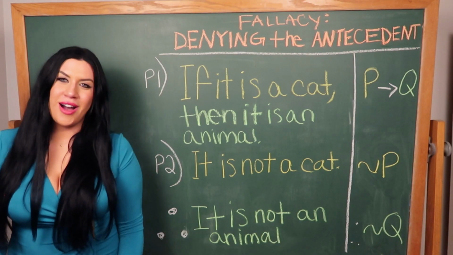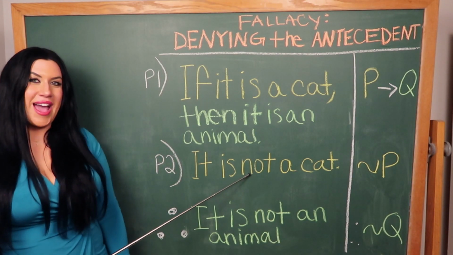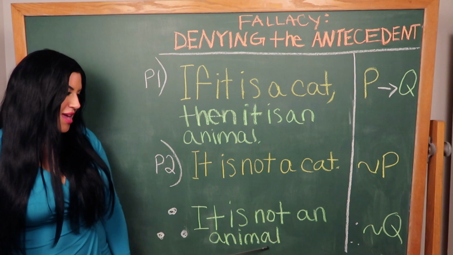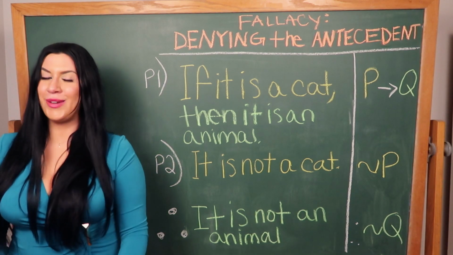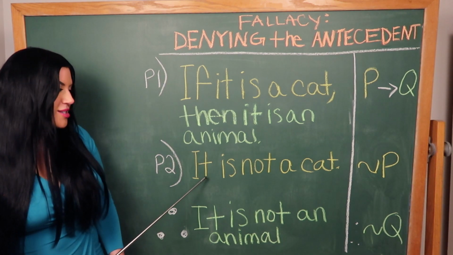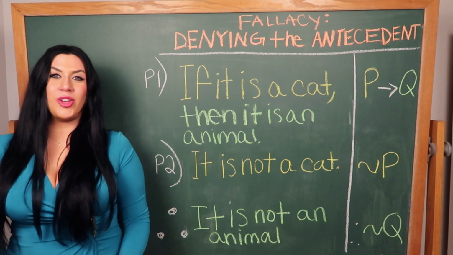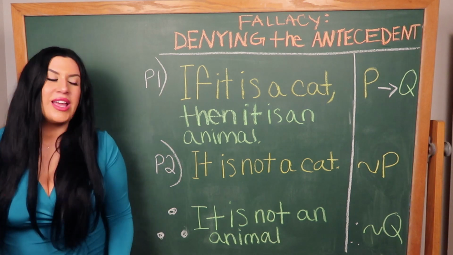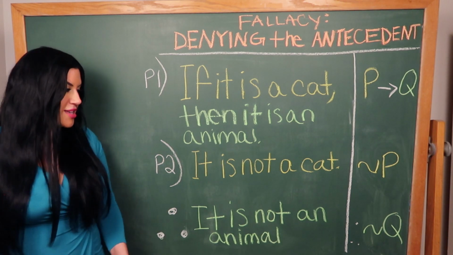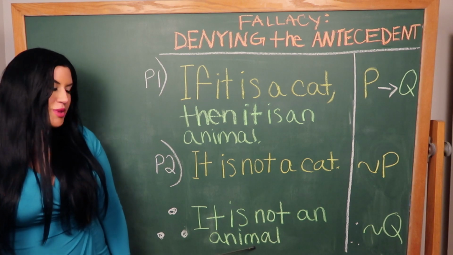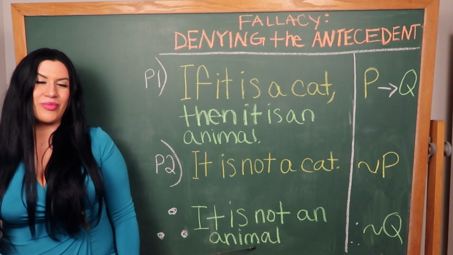Surely, just because the thing in question is not a cat does not mean that it's necessarily not an animal. The it in question could have been a dog or a bear. If it were one of those things, it wouldn't have been safe to conclude that it's not an animal.